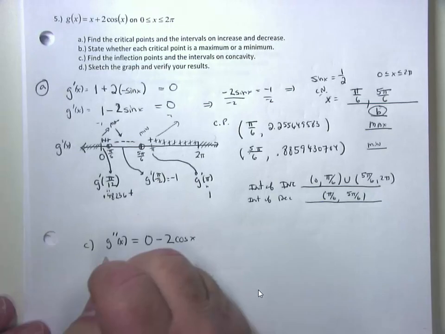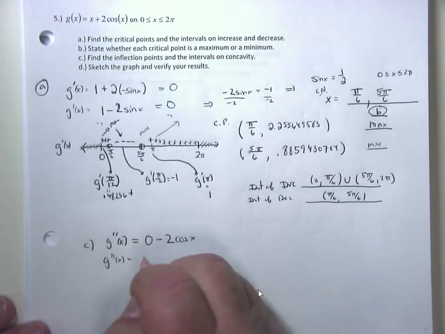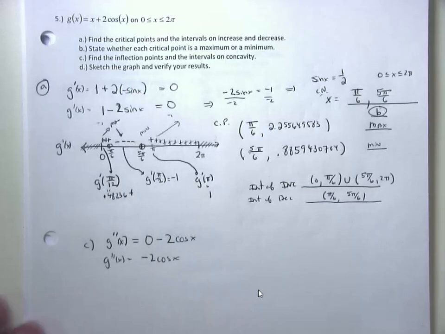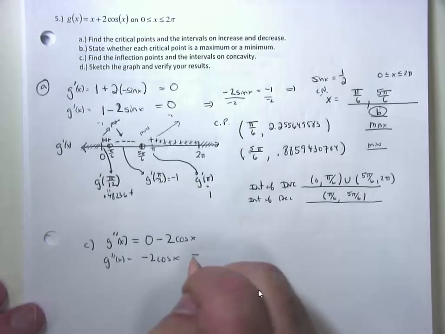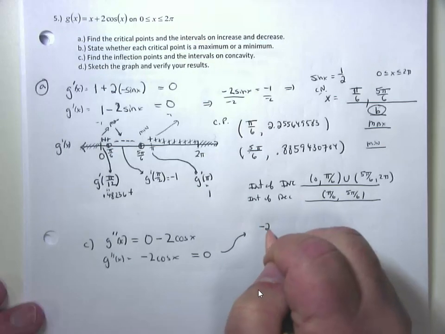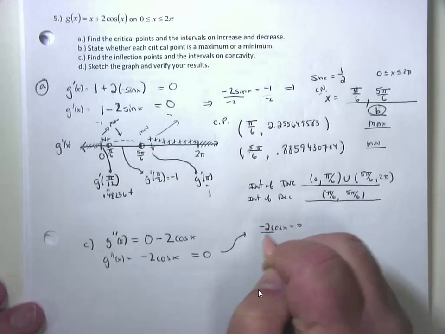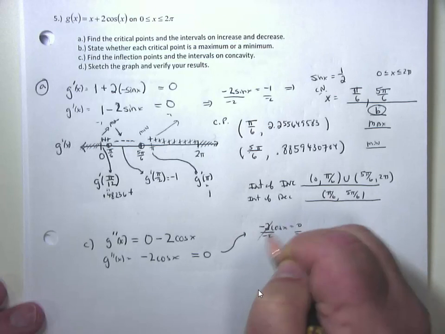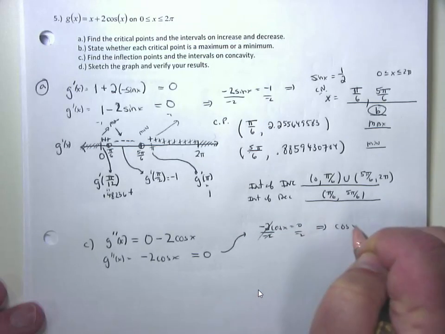So my second derivative function is actually negative 2 cosine of x. I'm going to set it equal to 0 and solve. Negative 2 cosine of x equals 0. I'm going to divide by negative 2. That gives me the cosine of x equals 0.